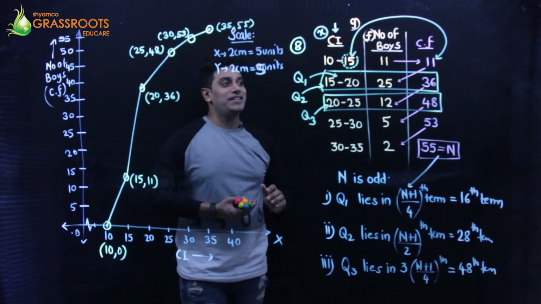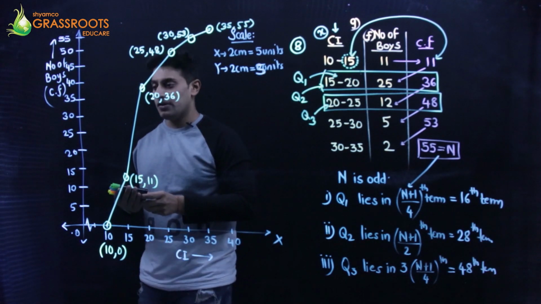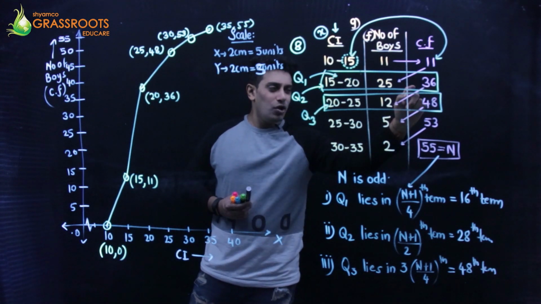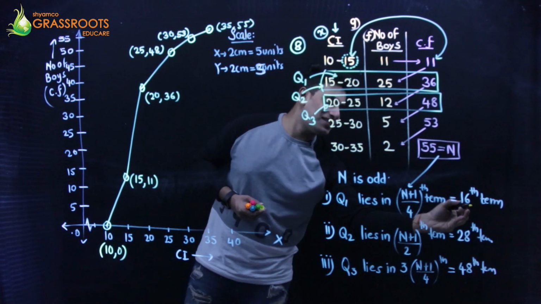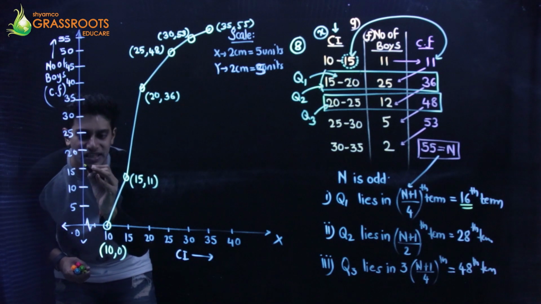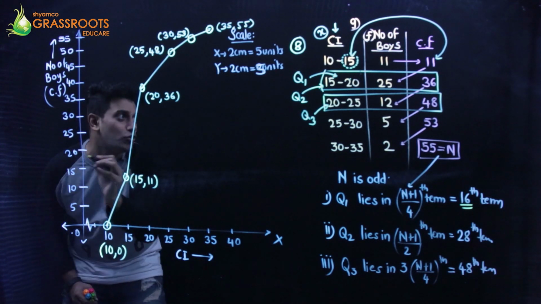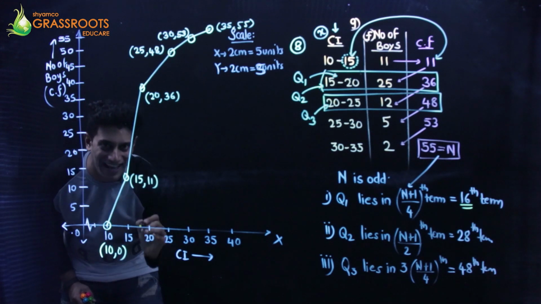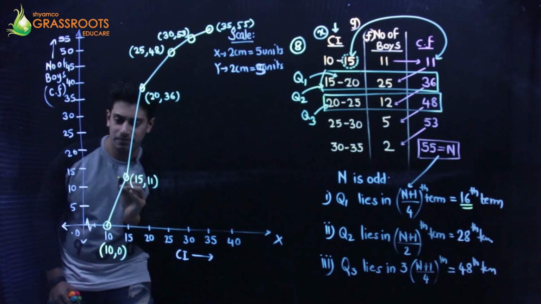Now you have to find out Q1, Q2, Q3 using the graph. That's very important. To find out Q1, you know Q1 lies between 15 and 20. It is in the 16th position. So from 16, you pull a line from Y to the X. Are you getting what I'm saying?